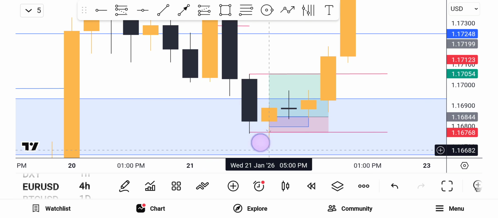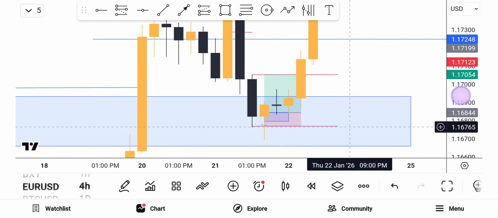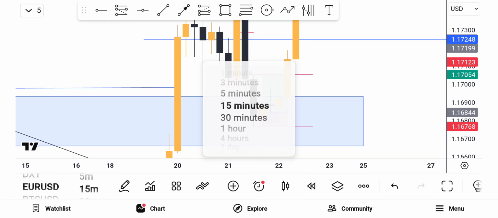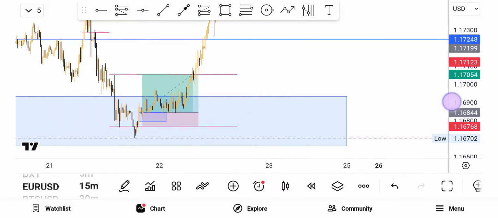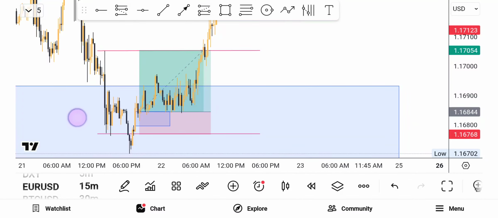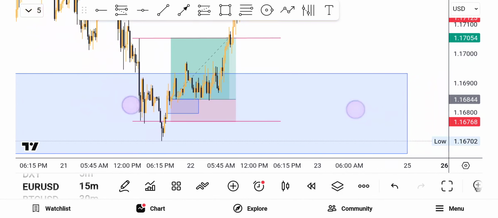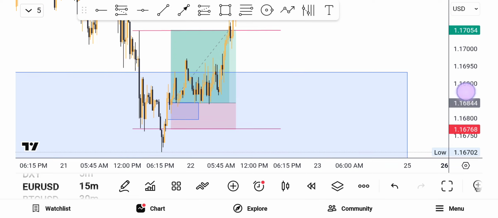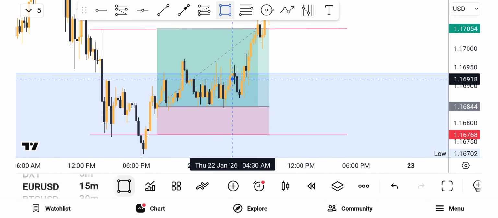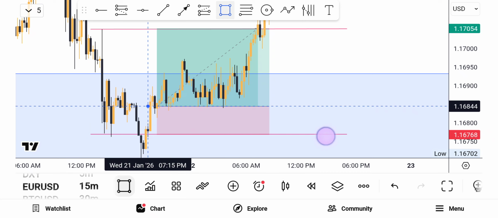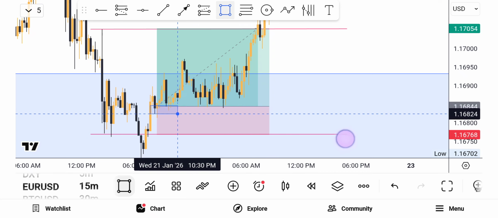So once this candle closed, I dropped down to my 15 minutes time frame. Then I looked for my entry model. In the 15-minute time frame, I was seeing an FVG here. Let me delete it. There was an FVG here that I used for my entry.